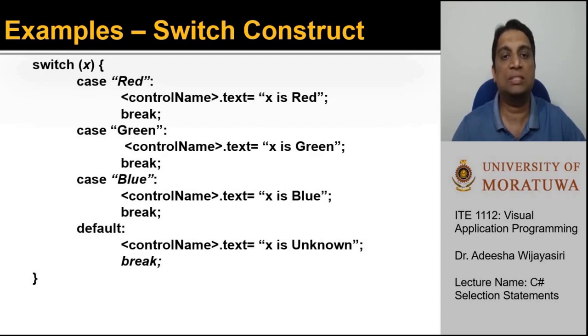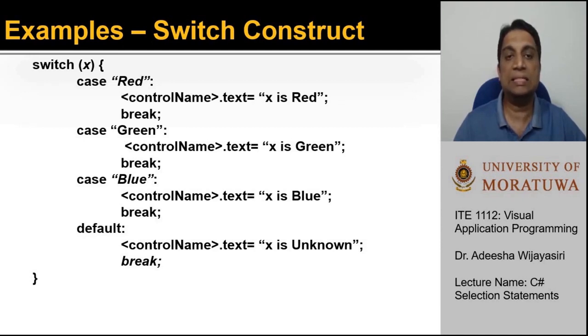An example of a switch construct is shown here. Here, variable x is given as the expression in the switch. Depending on the value of the variable x, one of the cases will be executed. If the value of x is string red, then the first case will be executed. If the value of x is string green, then the second case will be executed.